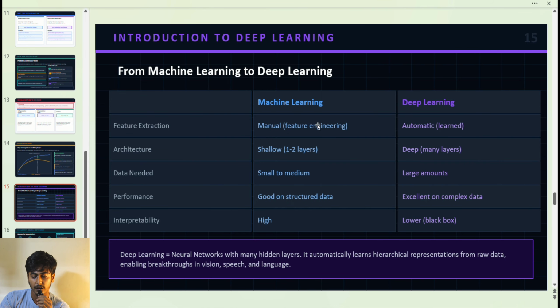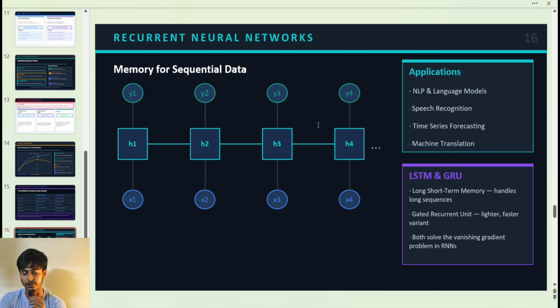So next we will see the recurrent neural network. When dealing with sequential data like text, speech or time series, standard networks fall short because they have no memory. This is where recurrent neural networks or RNNs come in. By feeding the output of one step back into the next, RNNs maintain a hidden state that acts as a memory.